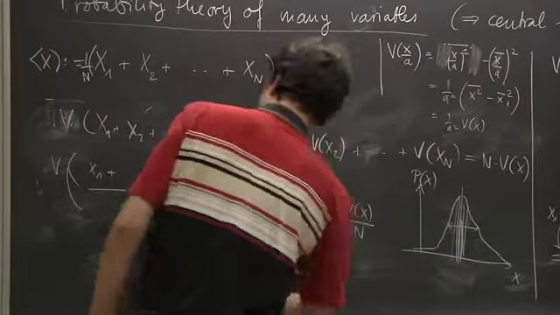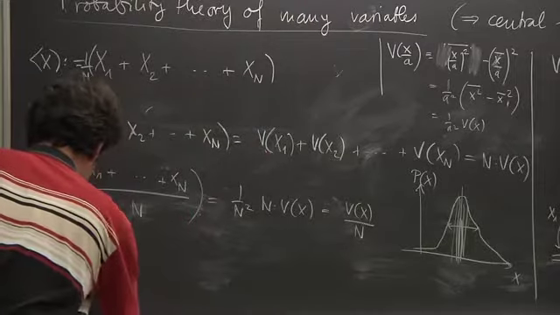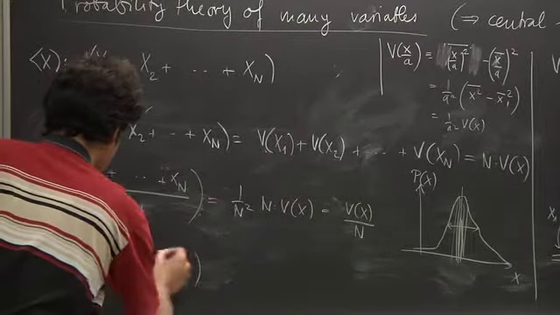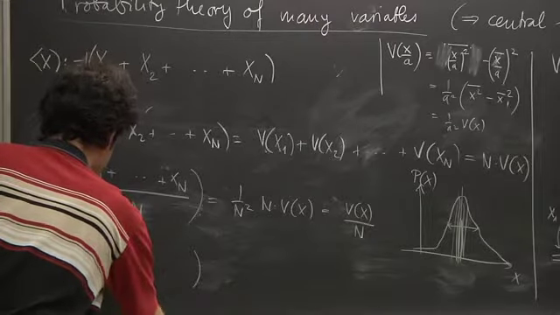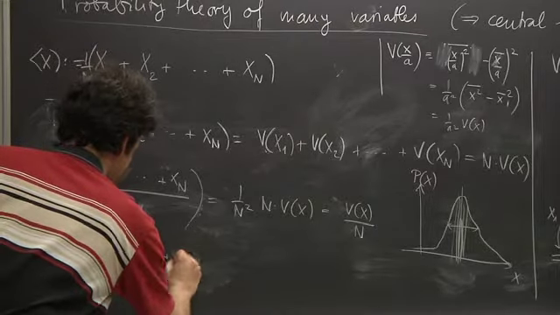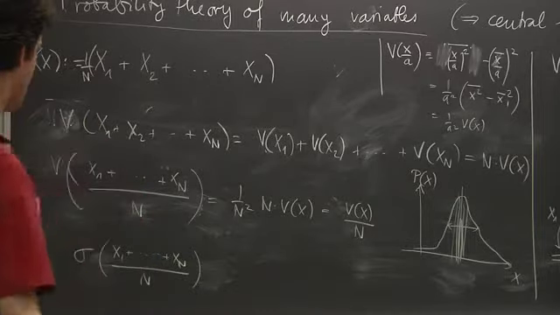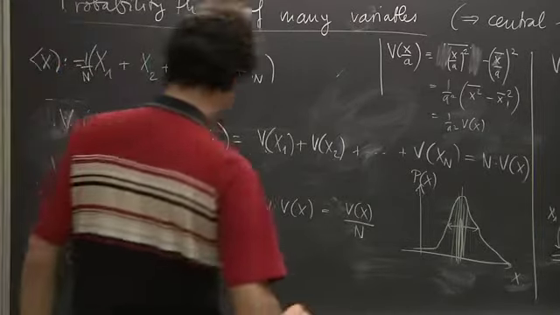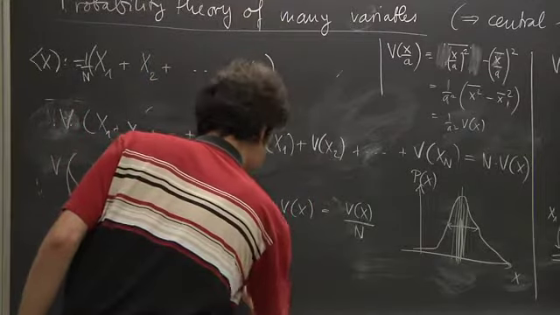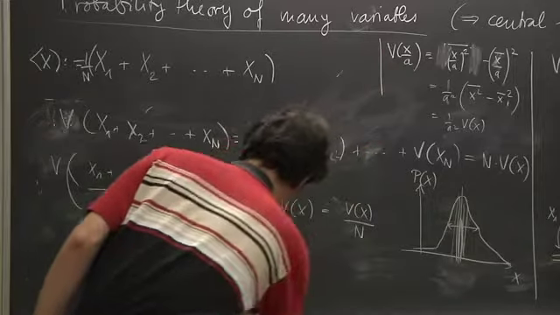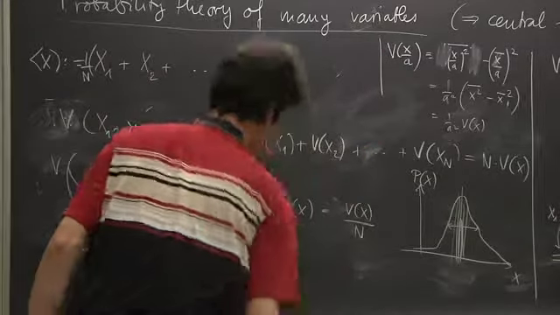So if I calculate now the standard deviation of this thing here, x1 plus ... plus xn divided by n, which I call the bracket of x, then I see that this is the standard deviation of x, so this typical width, divided by square root of n.